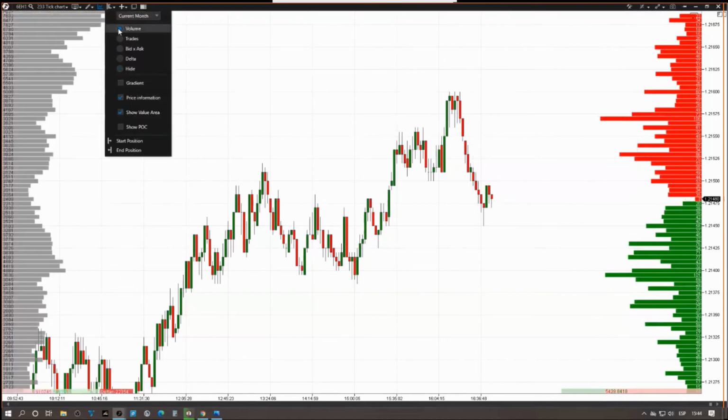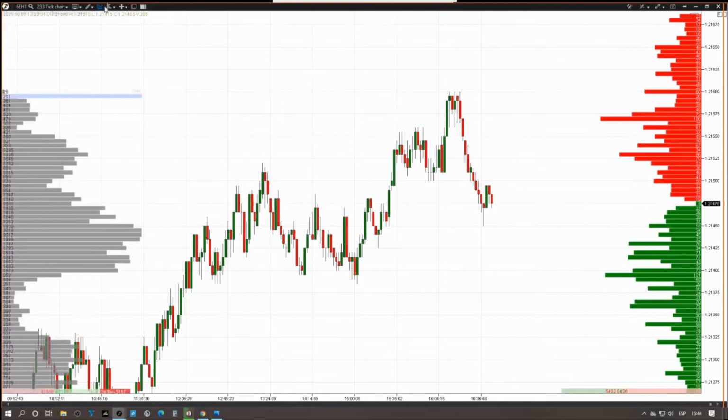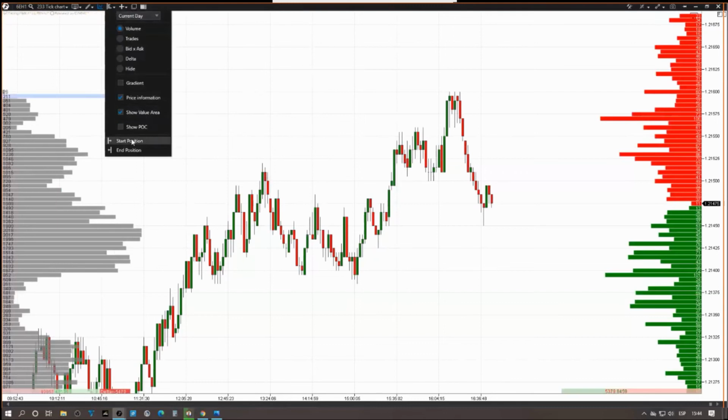You can actually also use the volume as well. Let me just activate the volume so you can see all the information we can get just from the volume.